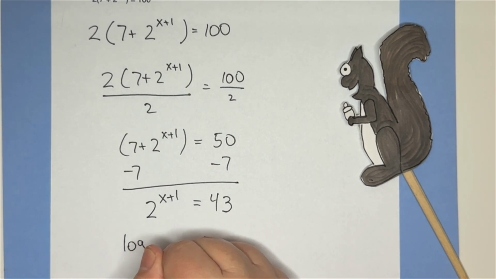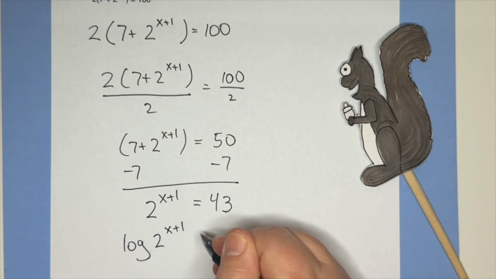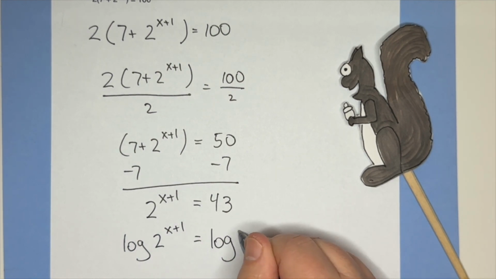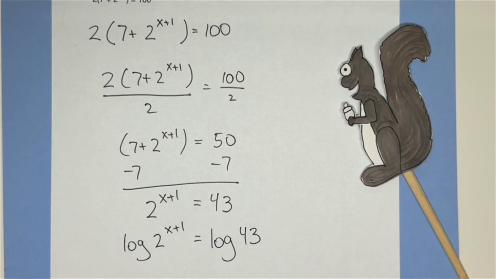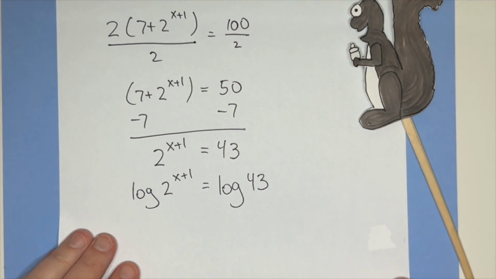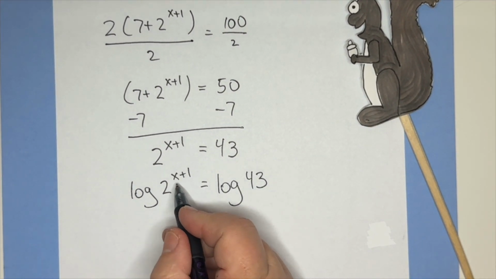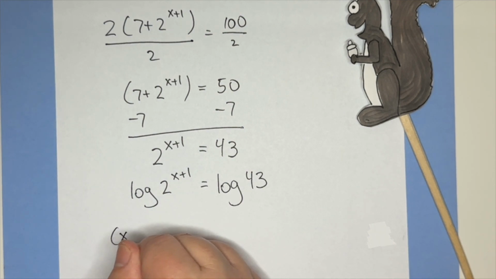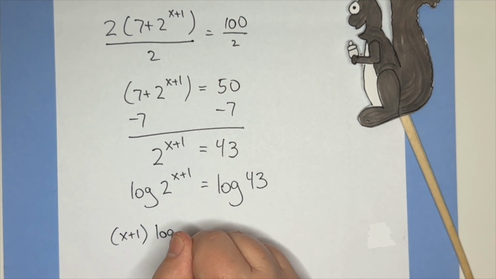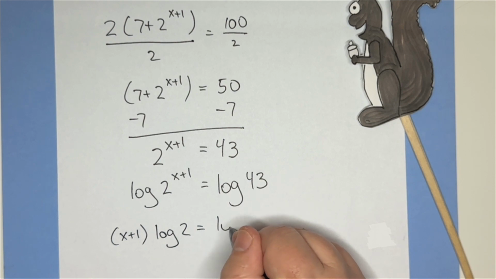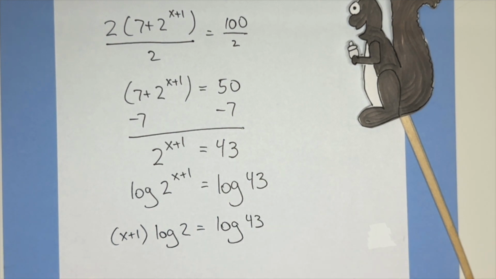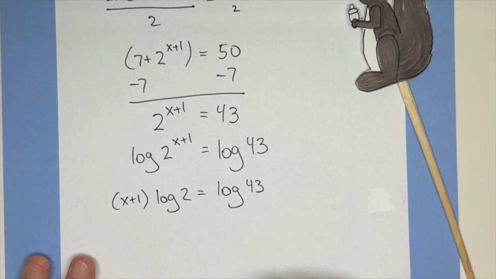So I'm going to take the log of 2 to the x plus 1, and that's equal to the log of 43 because logarithm is 1 to 1. And then the x plus 1 comes down in front.